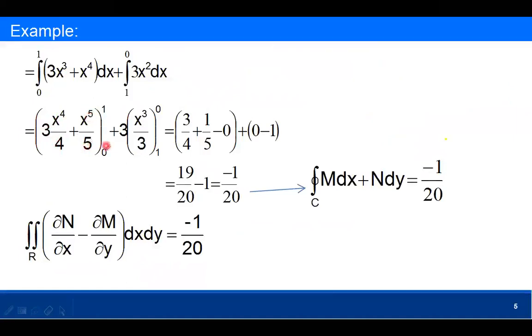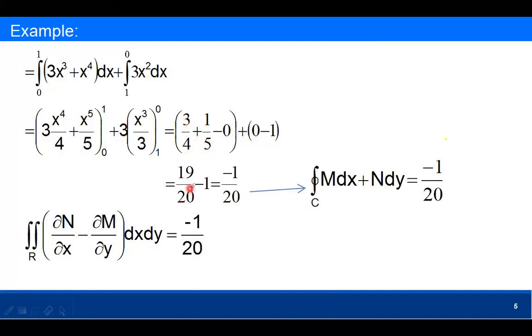So substituting, 3 by 4 into 1 minus 0, that is 3 by 4, plus for this 1 by 5 into 1 minus 0, that is 1 by 5 only. For the lower limit, if you are substituting lower limit 0, this value is 0, this value is 0. For the lower limit, this total term is 0. So 3 by 4 plus 1 by 5. So LCM is 20. So 15 plus 4, 19 by 20.